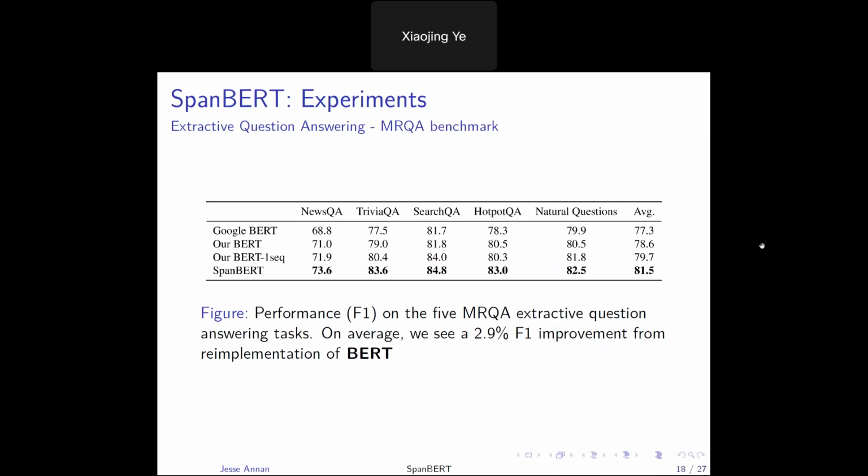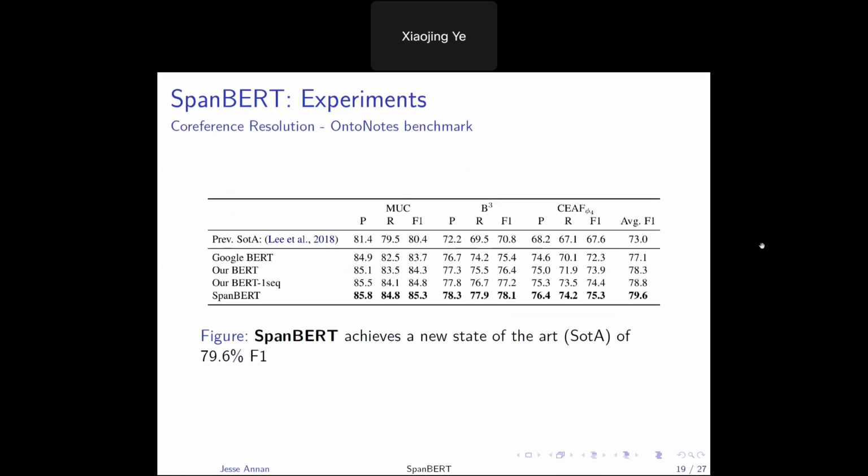Another benchmark for question answering is the MRQA benchmark. So the performance here is just F1 scores. And you can see that on average, there's a 2.9 increase, right? If you compare it with BERT. Another difficult task in span selection is the Coreference Resolution task. And it's very obvious that most of their F1 scores are below 80, so it's a difficult task.